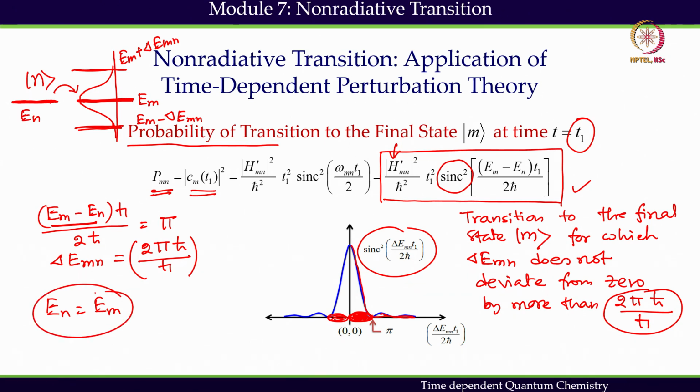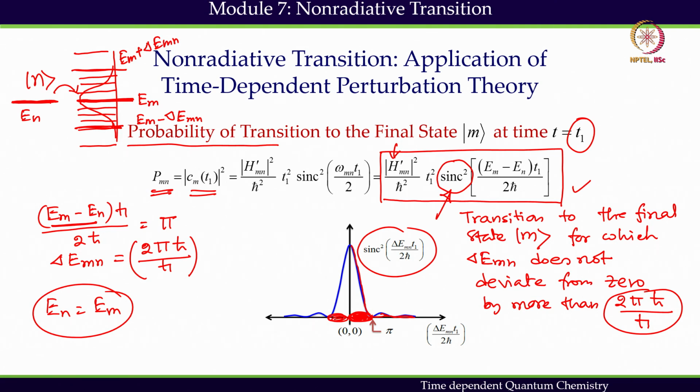So, all these possible states can be populated with a varying population. But if the states are here or here, they cannot be populated because they go beyond the allowed energy spacing, which is controlled by this cardinal sine function for the population in the final state.